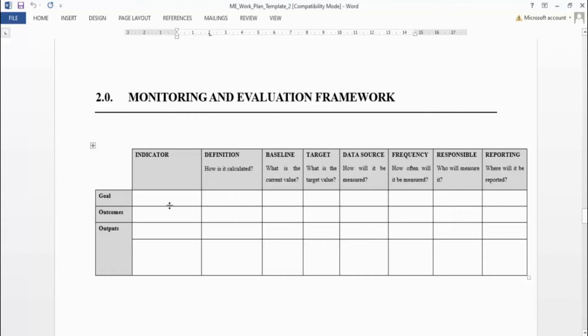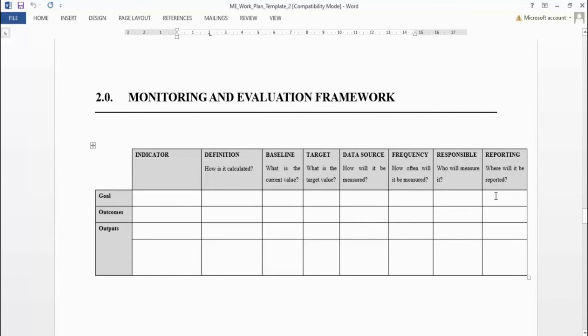So what you're doing here is you're trying to demonstrate that for each indicator, remember there are different levels of indicators. You've got the impact, which is the goal, the outcomes and outputs. For each of these indicators, there should be a definition, a baseline, a target, where you'll be getting this data from, how often you'll be collecting this data, who is responsible and how it is reported.